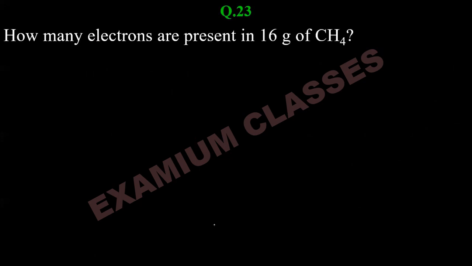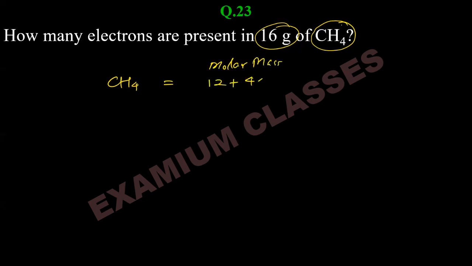Next question. How many electrons are present in 16 gram of CH4? Very easy question. You need to first calculate how many molecules, and one molecule has how many electrons, you need to multiply by that. So 16 gram of CH4, the molar mass of CH4 is how much? 12 plus 4 into 1, that is 16.